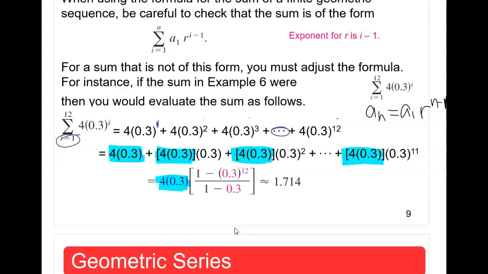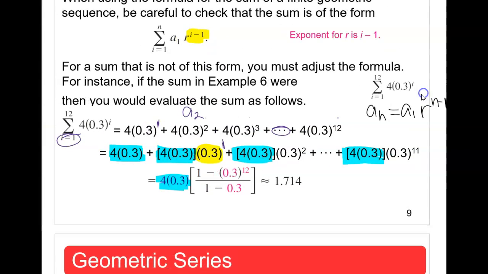But for us to be able to satisfy this condition and be able to use the formula to add a geometric finite sequence, we readjusted. So the first term was 4 times 0.3, and now it works because here the 0.3 is only to the power 1, and this is actually a sub 2.